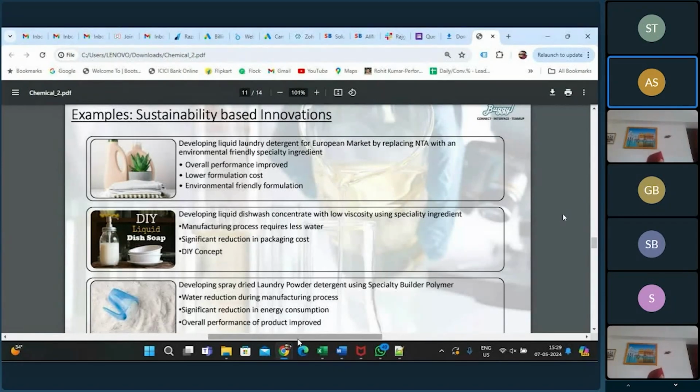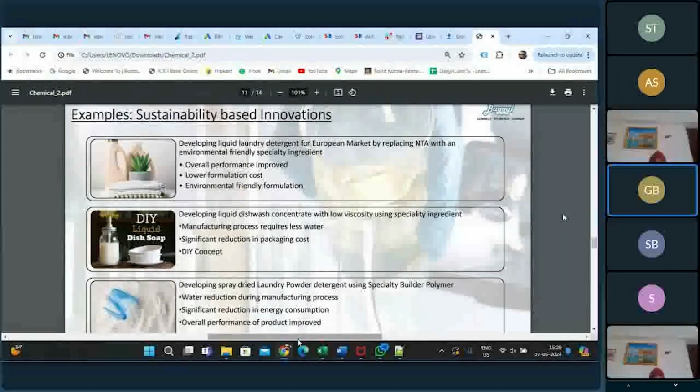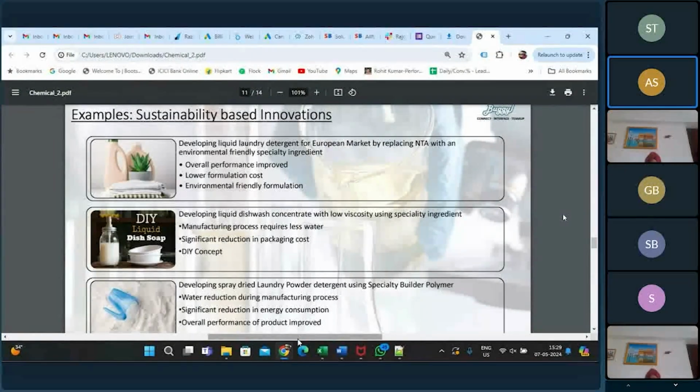That is because it is spray dried. It is not just powders that are mixed together. Spray dried means you make a slurry separately and then it is spray dried through a tower in hot conditions. The slurry will have a lot of water, which then gets evaporated, and you get very nice, aesthetically appealing powder granules. That is the benefit of having spray dried detergent powder.